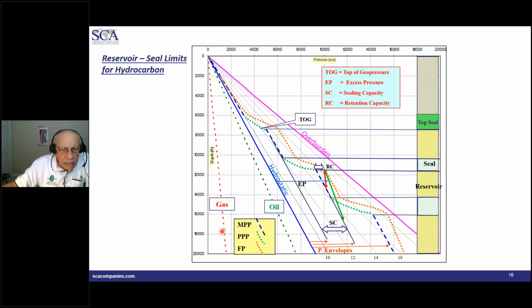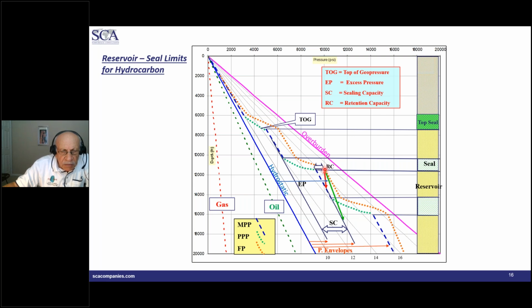If we have oil and gas, here is the gradient of the oil. Remember, I'm talking about gradient, not slope. Here is the gradient of the gas. I'm taking the gradient of the gas, put it here. I'm taking the gradient of the oil, put it here in this compartment underneath the seal. And here is my pore pressure.